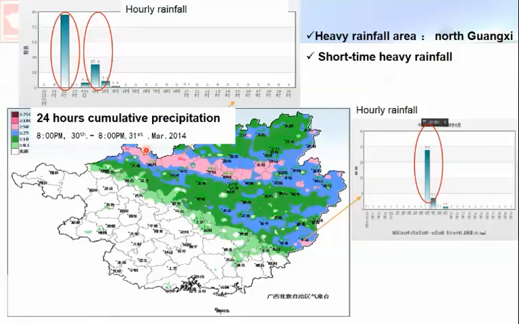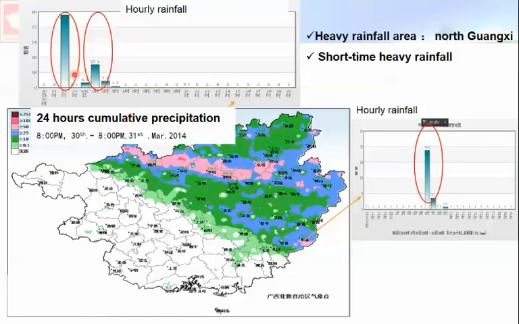In terms of the 24 hours accumulated rainfall distribution, heavy rainfall was mainly concentrated in the northern region of Guangxi.